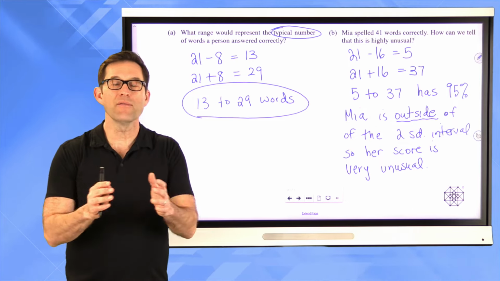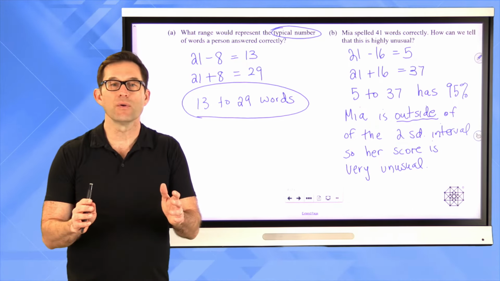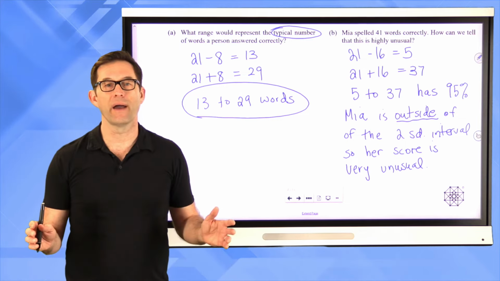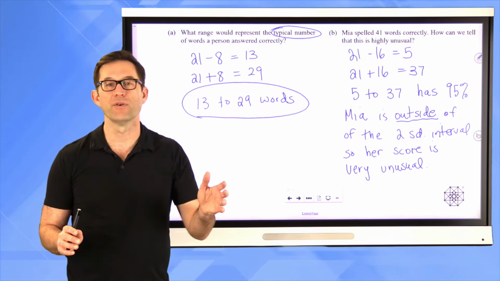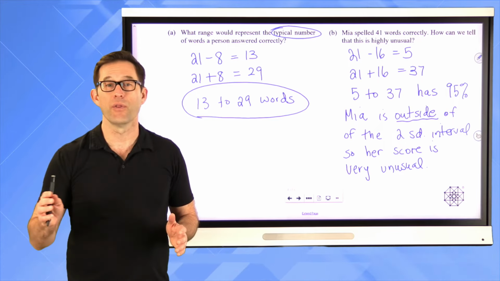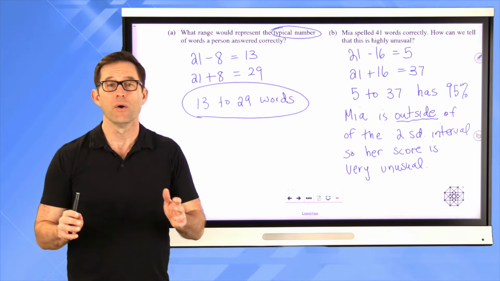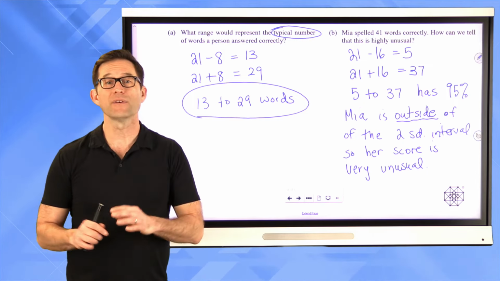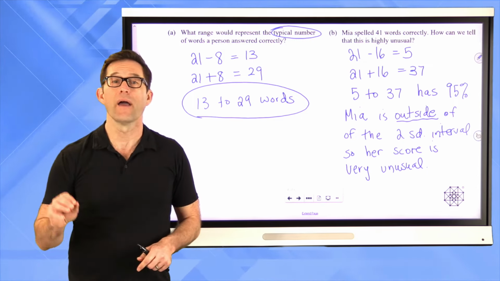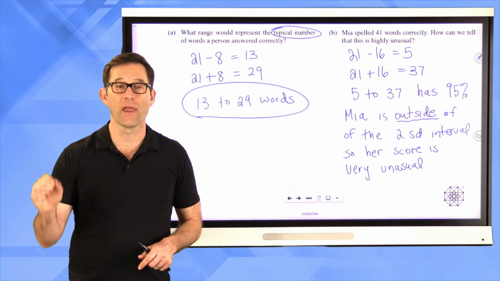But you could think about it even in terms of heights, right? So, you know, for grown male heights, the 2 standard deviation interval is probably going to go from about 5'2" up to about 6'3", with a mean maybe right around 5'9", 5'10". So all of a sudden you get somebody who comes along and they're, let's say, 6'11", right?